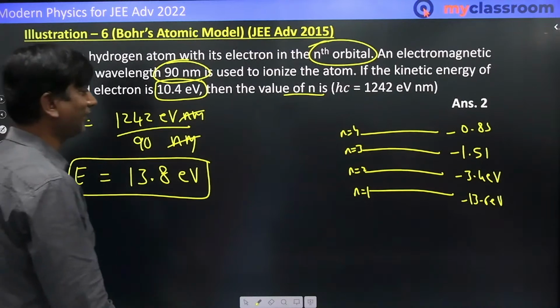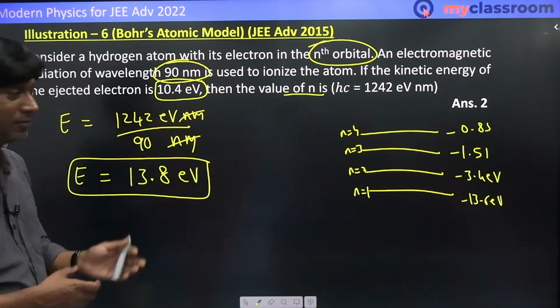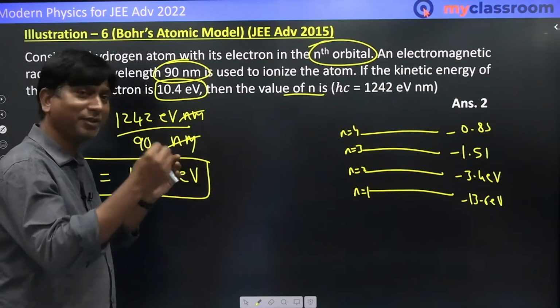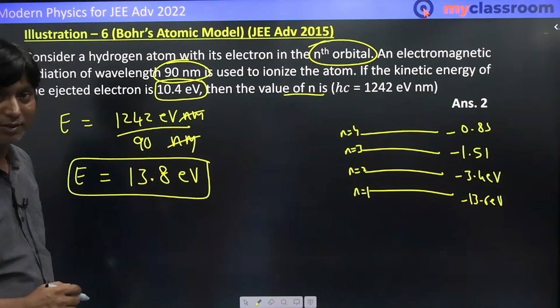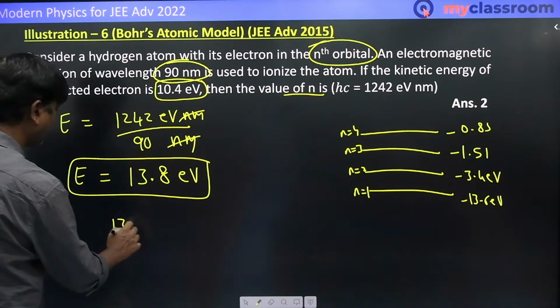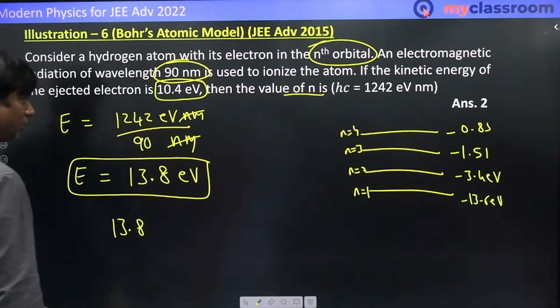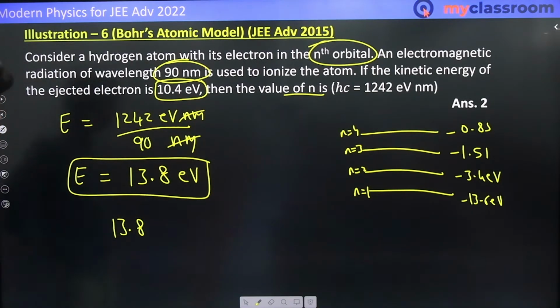Now let us say there is some n value we don't know. The electron will already have some energy, and to that you are adding this, right? So 13.8 electron volts you are adding to the electron which is in some nth orbit.